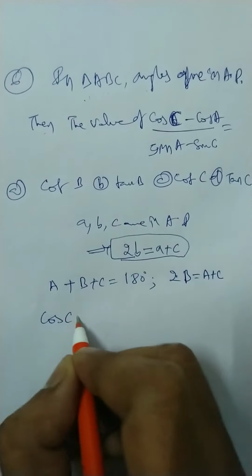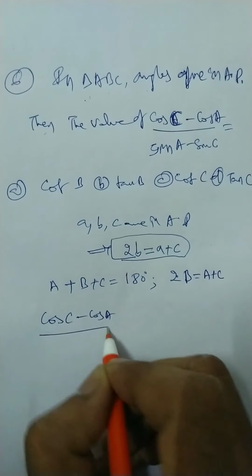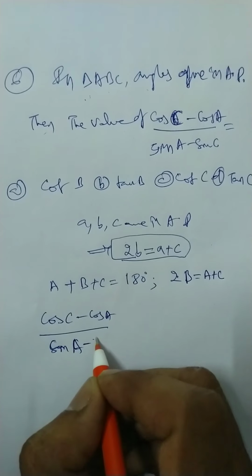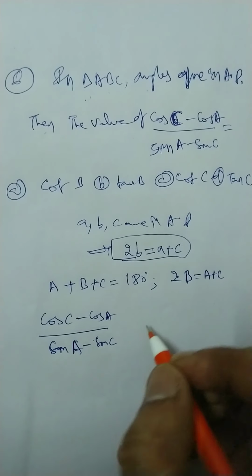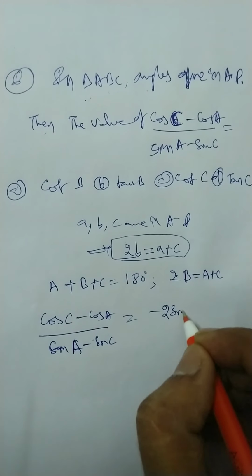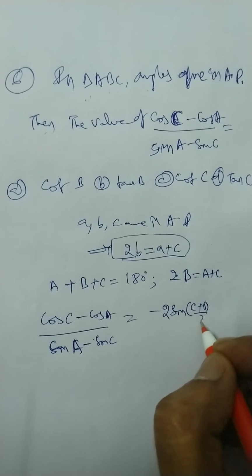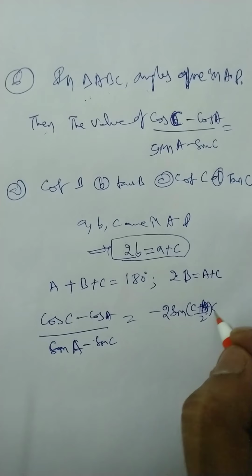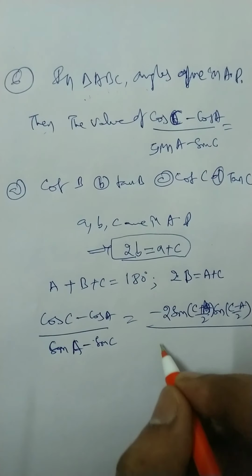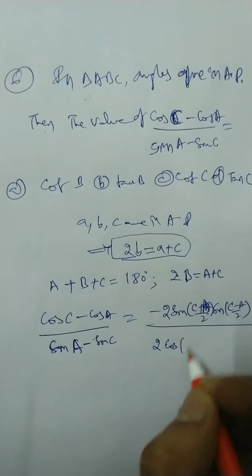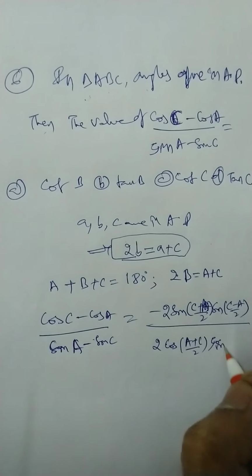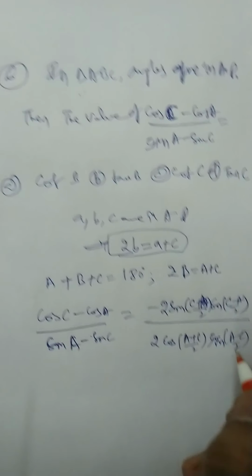Now take your problem, which is (cos C minus cos A) by (sin A minus sin C). The cos C minus cos A formula you have already known earlier: minus 2 sin of (C plus A) by 2 into sin of (C minus A) by 2, divided by sin A minus sin C, which is 2 cos of (A plus C) by 2 into sin of (A minus C) by 2.